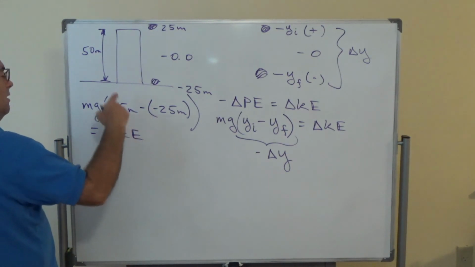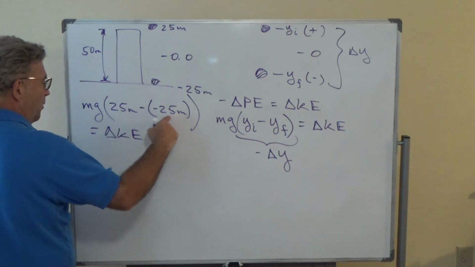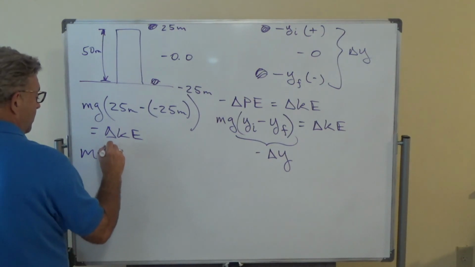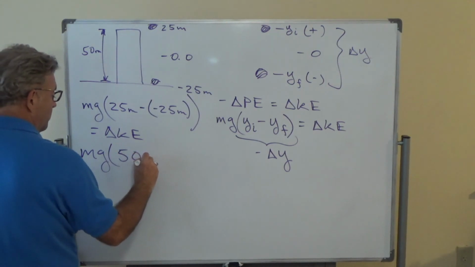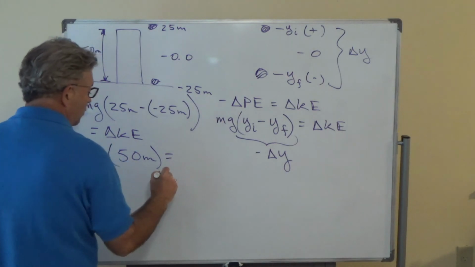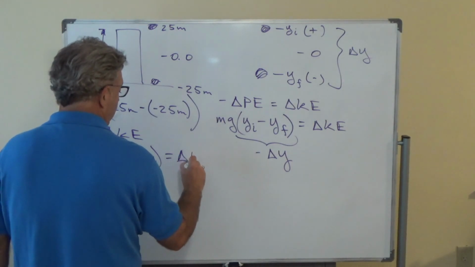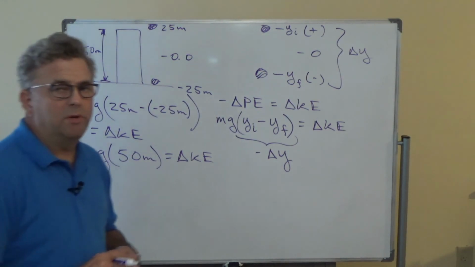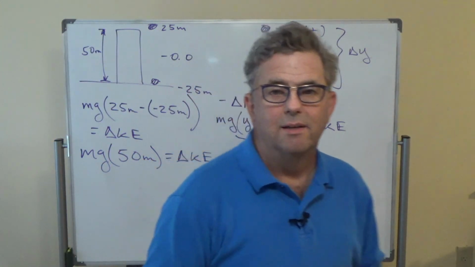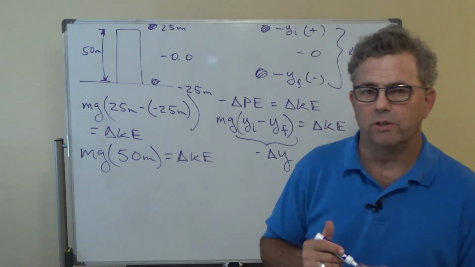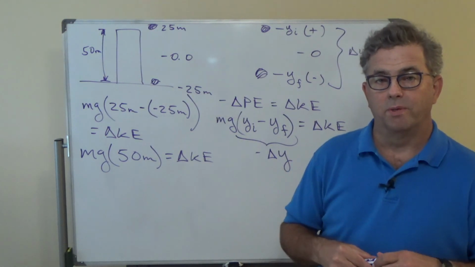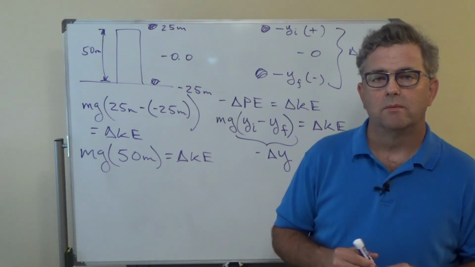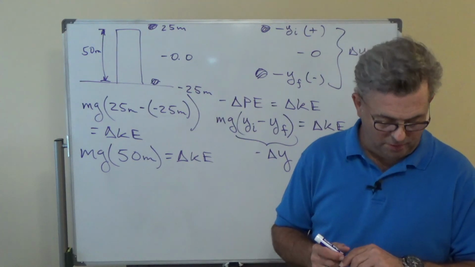Well, what is this? 25 minus a negative 25, you get mg times 50 meters is equal to delta KE. That's what I'm talking about. You get the same result because you're always just looking at the differences in potential energy, where potential energy is mgy in the gravitational field.